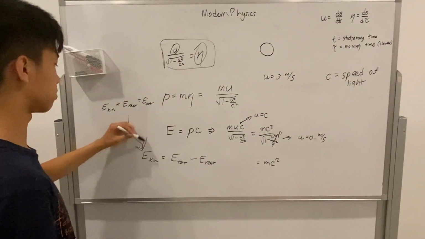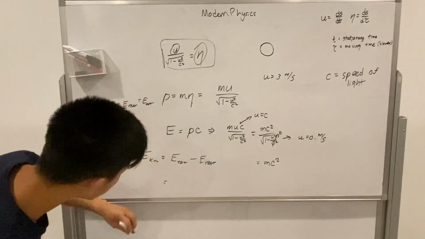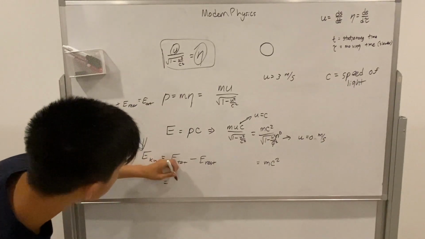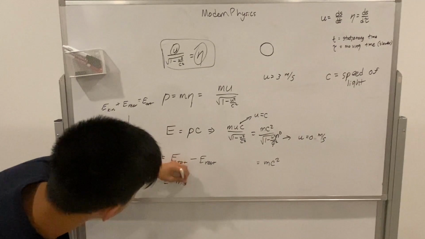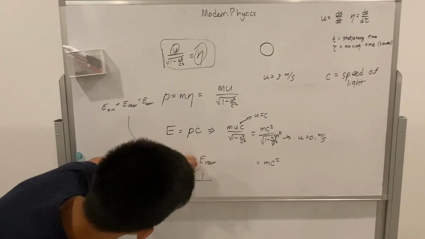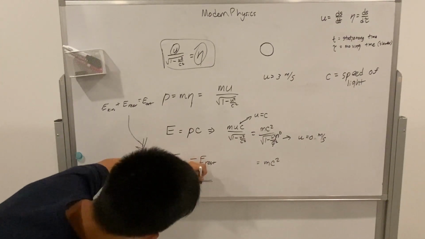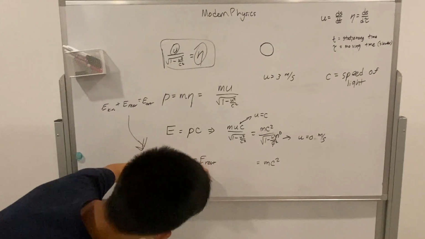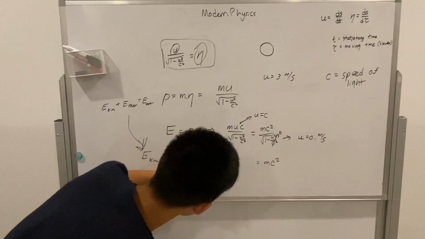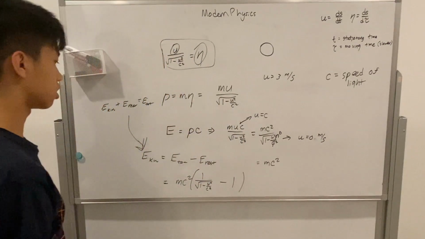So it doesn't look like I skipped too many steps here. So E kinetic energy is equal to E total, which is going to be mc squared times 1 over square root of 1 minus v squared over c squared, or sorry, I keep mixing up my u's and v's, u squared over c squared minus 1, because this is the resting state.